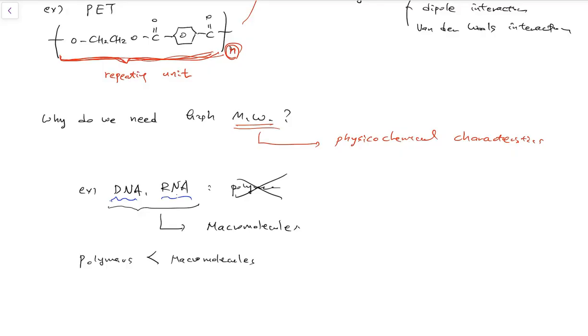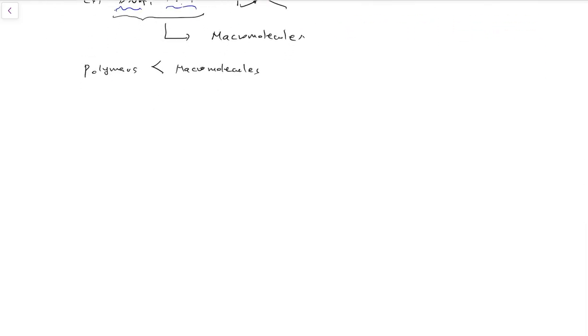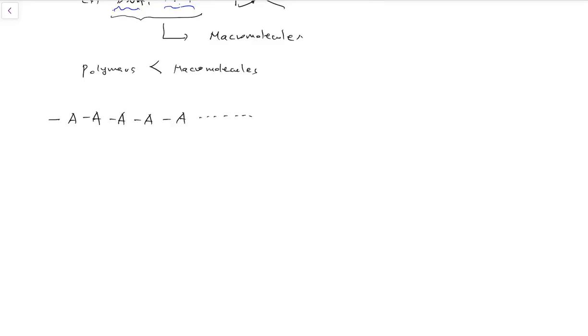All right. Then how do we represent polymers? As we have already seen in the structure of PET, polymers are basically the connection of repeating units with high molecular weight.